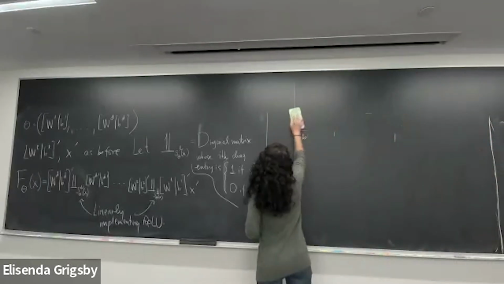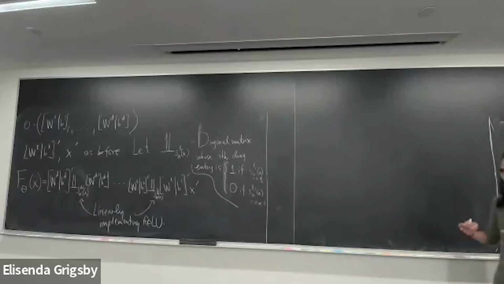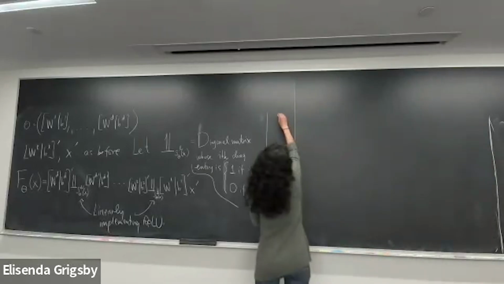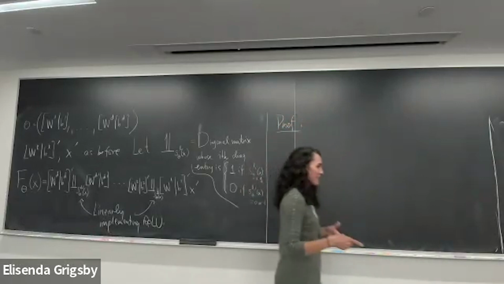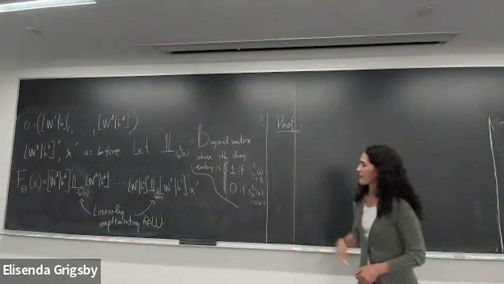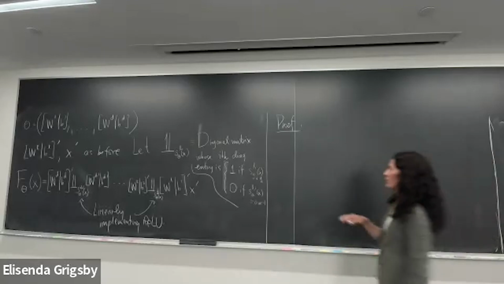So maybe I'll write down some things so that you can verify what I said, or come back and tell me that I made a mistake. I think I said everything correctly. The only thing I'm not 100% sure of is that it's columns on the right and rows on the left, but I think that's true as well.